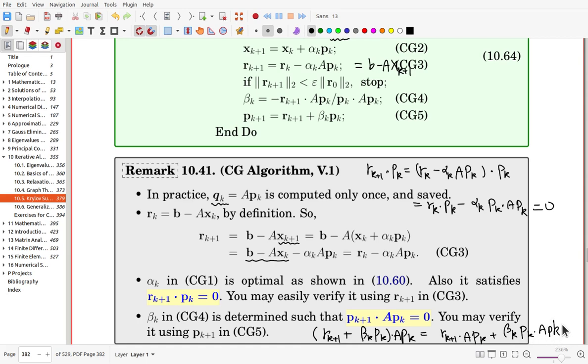We try to make this one 0. Then beta_k, moving this one to the other side and dividing by this quantity, is exactly this one.